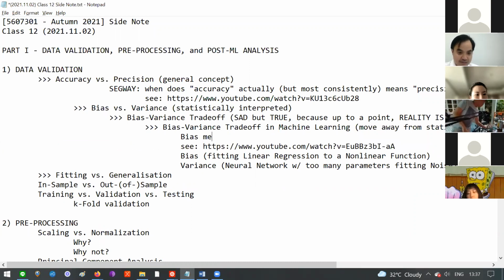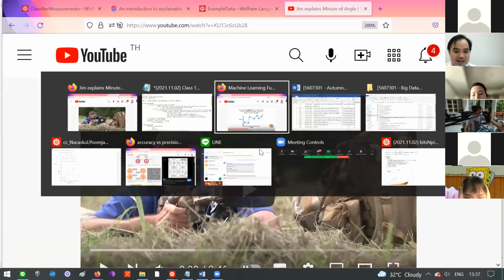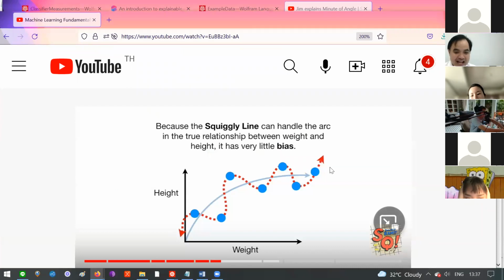It might mean not the best. Again, data scientists don't have a better definition yet, but bias means it's not the best. What do I mean by not the best? Straight line is not the best. Squiggly line is not the best. The best line is this curved line.